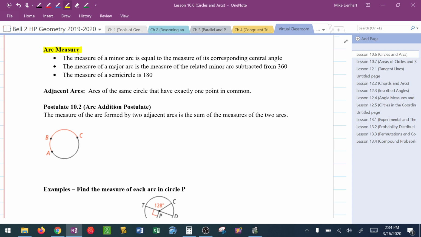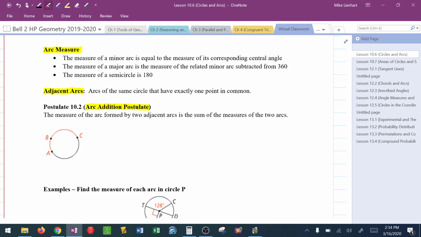Okay? Some more terminology. We have this concept of what is called adjacent arcs. These are arcs of the same circle that share a point in common. In other words, you put the two arcs together and it gives you a bigger arc. This postulate for arc addition describes this pretty well. Arc AB and arc BC would be known as adjacent arcs.